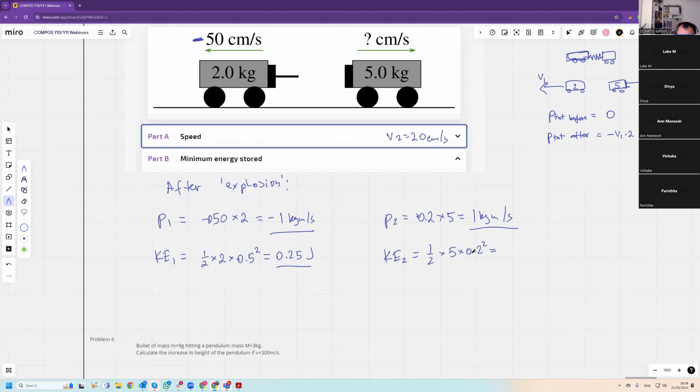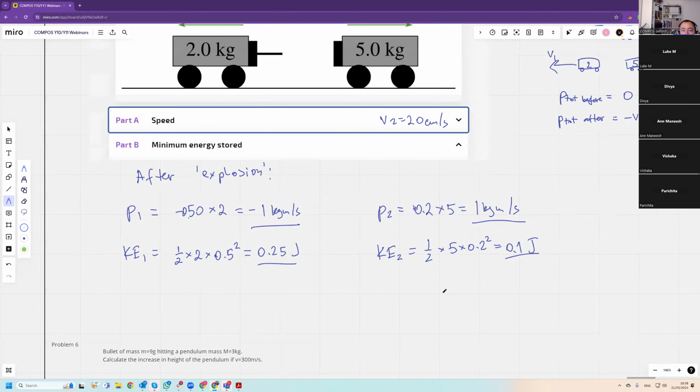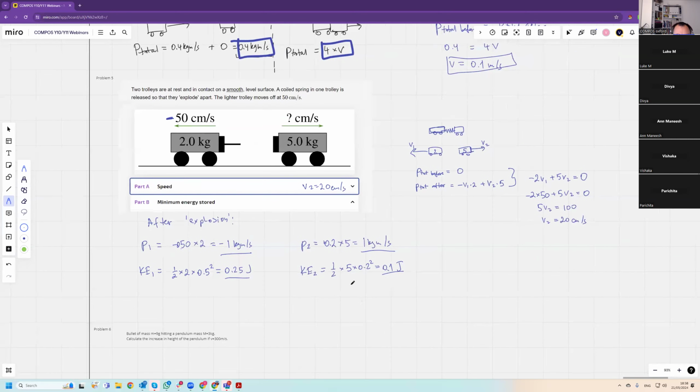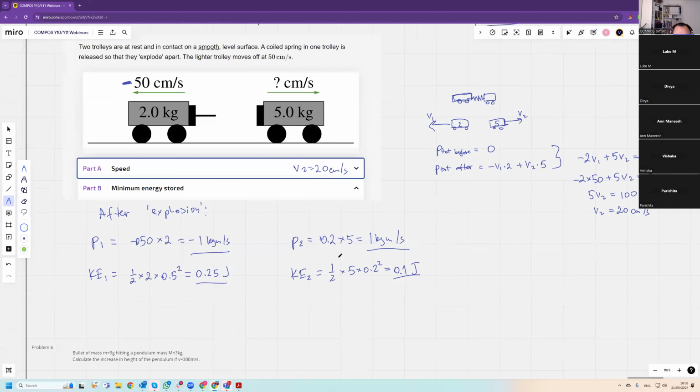So 5 times 0.2 is 1. 0.2, 0.2, yes, 0.1 joule. Interesting. The heavier trolley has the same momentum, but it has smaller energy. And that is always the case.